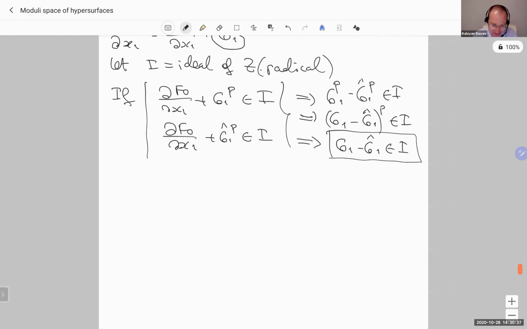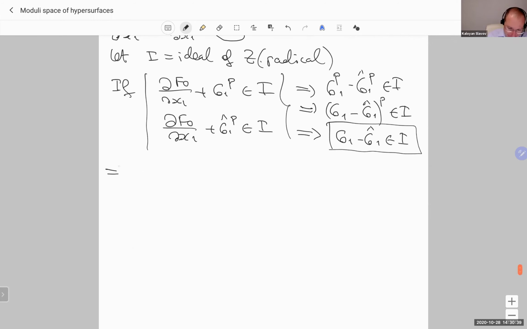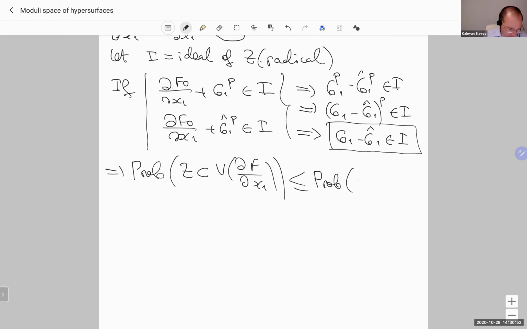And therefore, the probability that Z is contained in the vanishing of df/dx1 is less than or equal to the probability that Z is contained in the vanishing of G1.